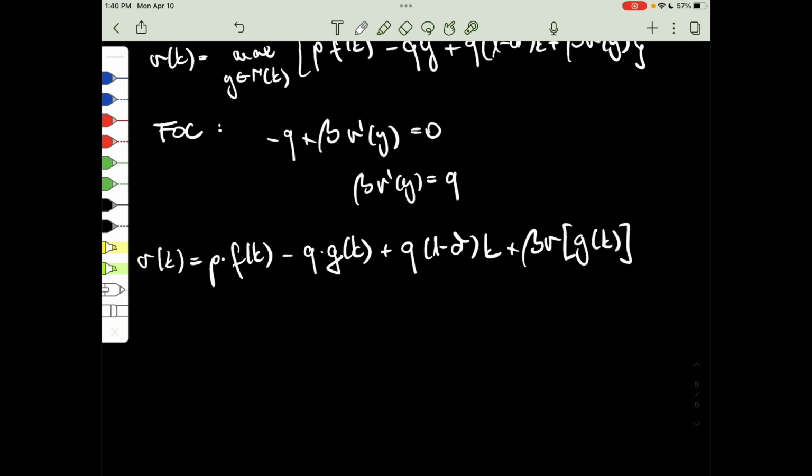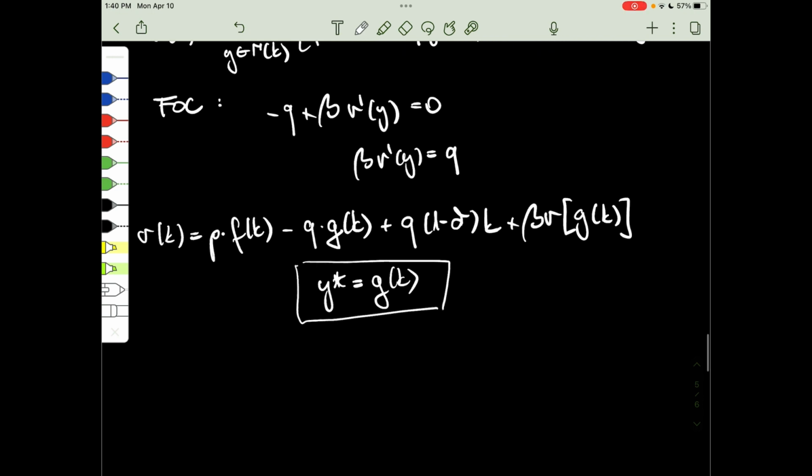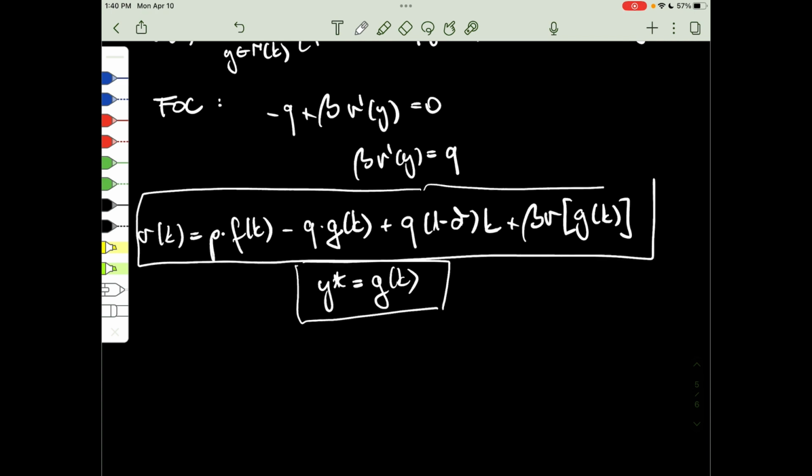If the optimum choice for next period capital stock is described by this policy function, then this is the maximized Bellman equation, or the Bellman equation after the maximization.